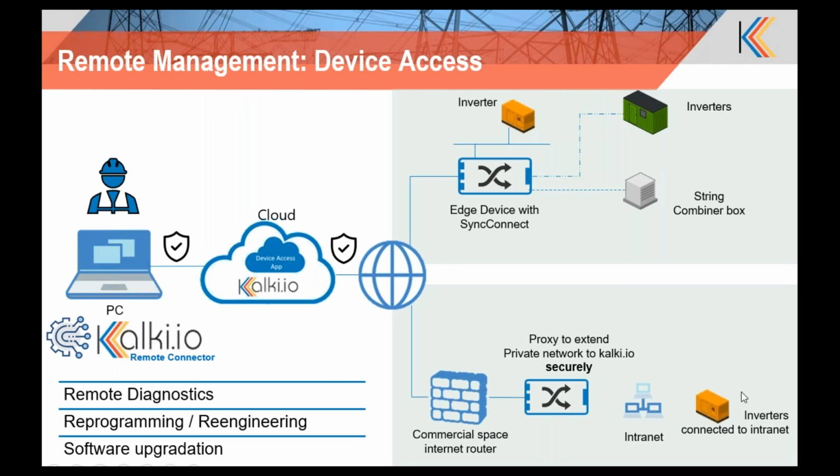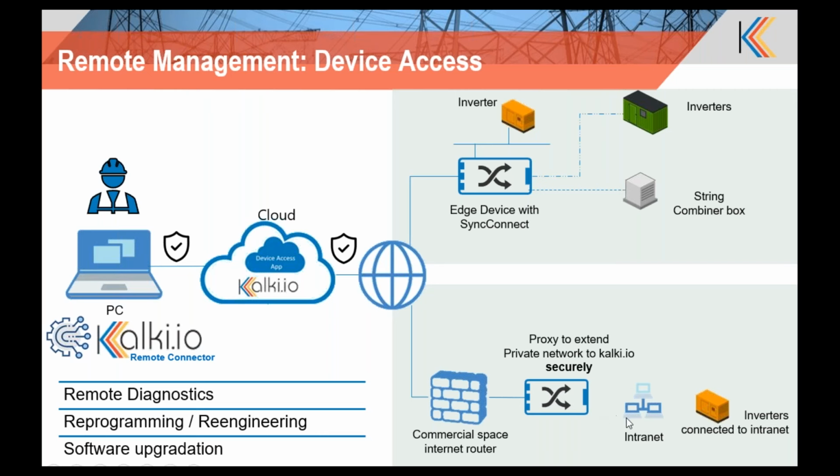Similarly, in the case of a commercial rooftop, edge devices may not have direct access to the internet. It will be connected through a commercial internet service provider, either through a centralized firewall, with internet distributed through a Wi-Fi network, or a LAN network from a corporate router to the edge gateway.